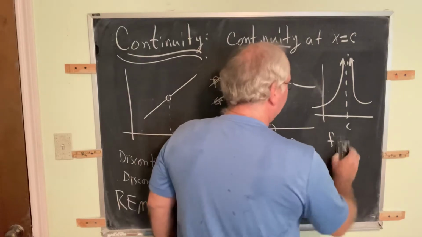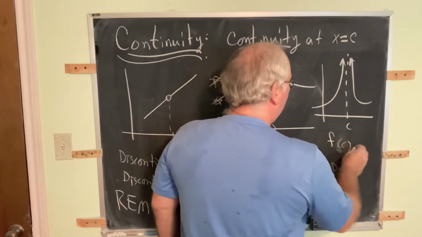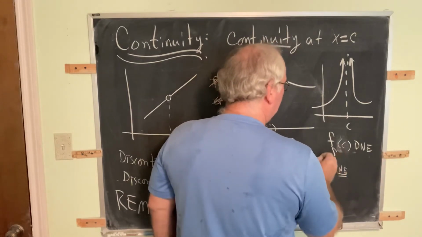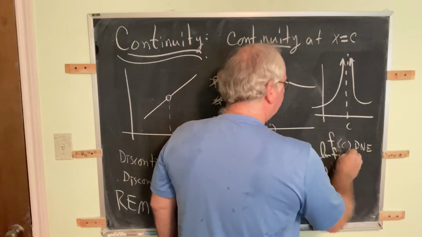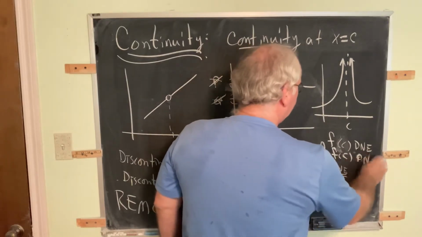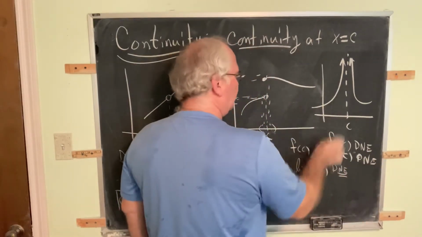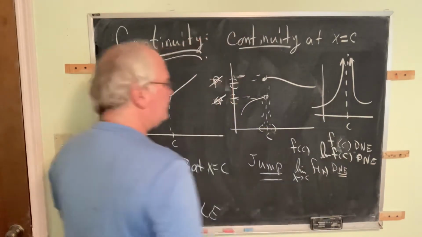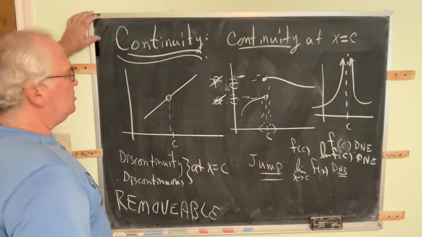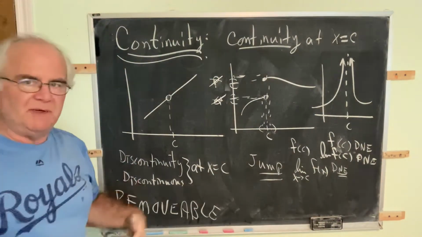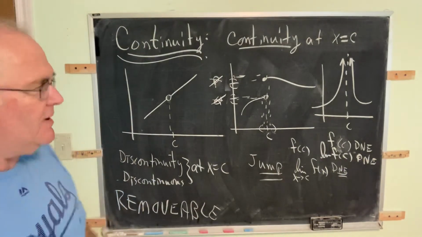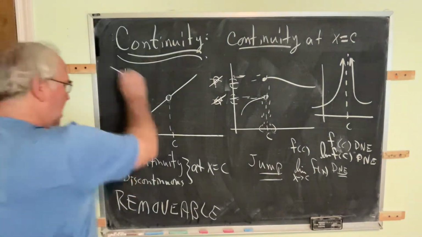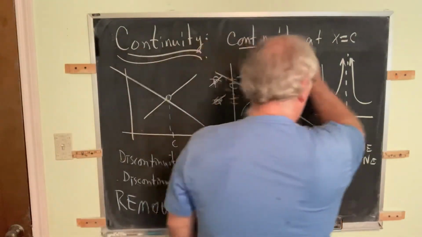If there's a vertical asymptote, f of c does not exist, and the limit does not exist. Neither the function nor the limit exists here. So if we want to have a function that is continuous, and for our purposes we need to have continuity, that means we do not want this, and we do not want this, and we do not want that.